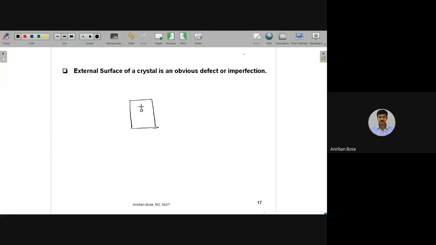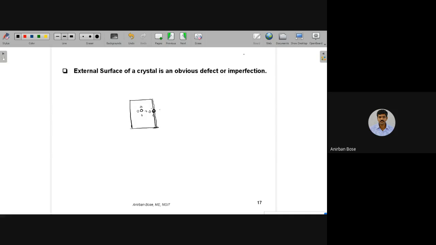So this atom may be surrounded by a few atoms like this, but if you consider one atom at the surface, on one side you may get similar kinds of atoms, but on the other side there are no such atoms to which it is bonded. So the pattern or similarity does not hold for the surface atoms.